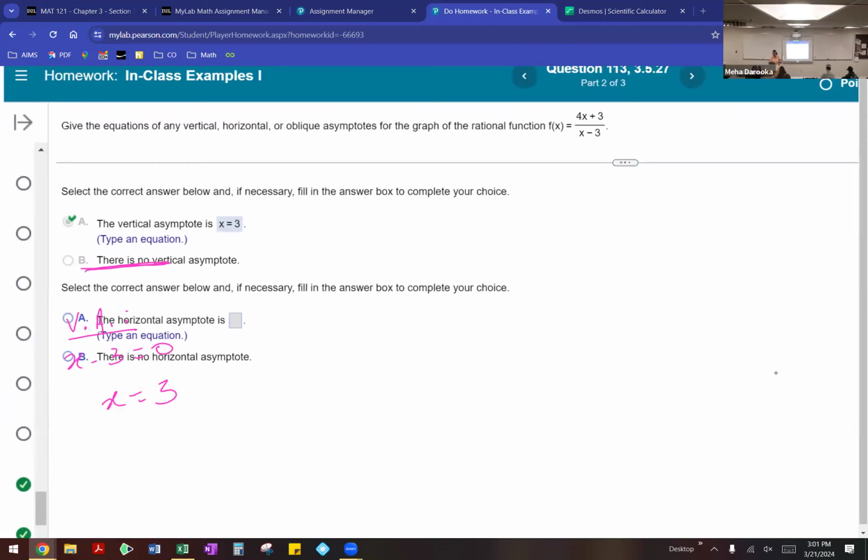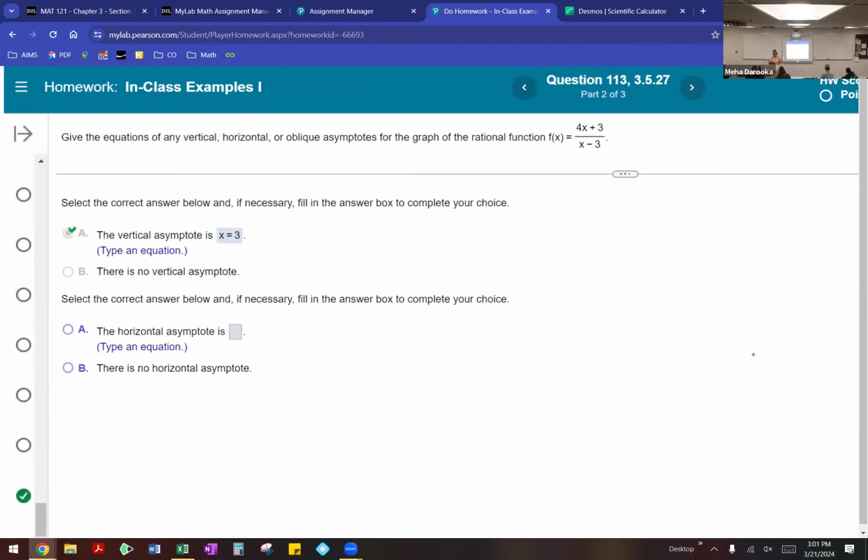Now for the horizontal. So this one you will see you have 4x plus 3 over x minus 3. So both my numerator and denominator have the same degree for the x value. They're both x to the 1 and x to the 1.